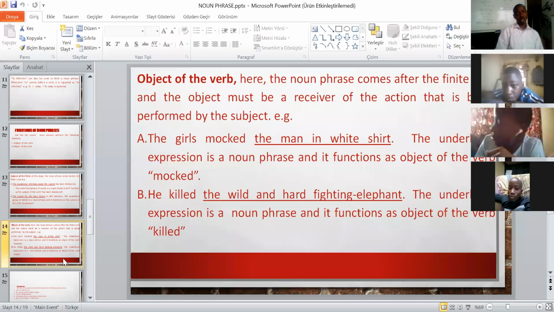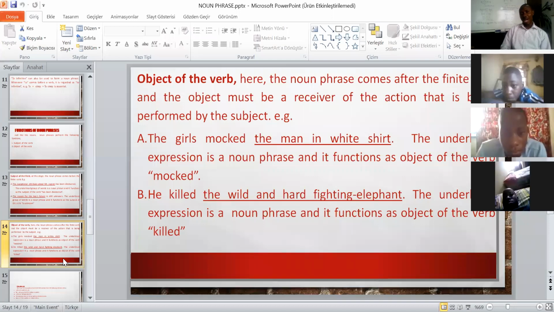You could also say he killed the hard fighting elephant. You see, you could omit some words from this noun phrase. You could make it a very simple noun phrase. He killed the elephant. So article was the noun. This was the noun phrase. So the underlined expression is a noun phrase, and it functions as object of the verb killed.